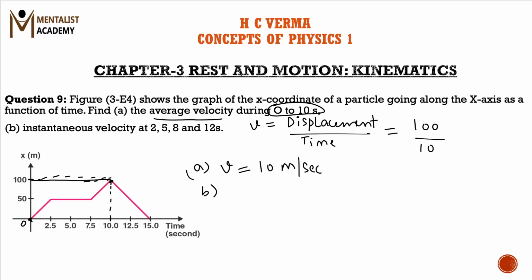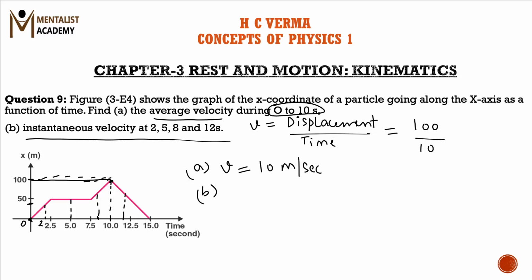In the B part we have to find the instantaneous velocity at 2, 5, 8 and 12 seconds. For that we have to find what will be the displacement or position of the particle at 2 seconds, 5 seconds, 8 seconds and 12 seconds.